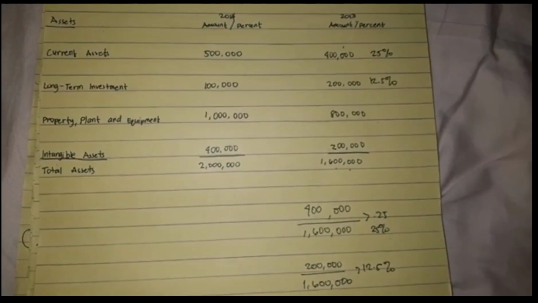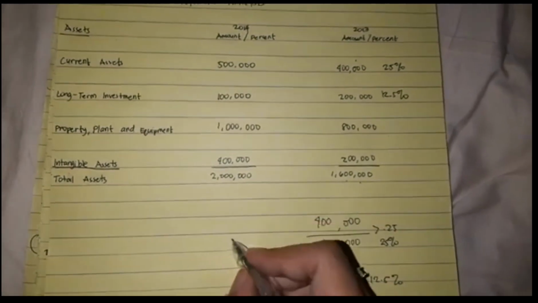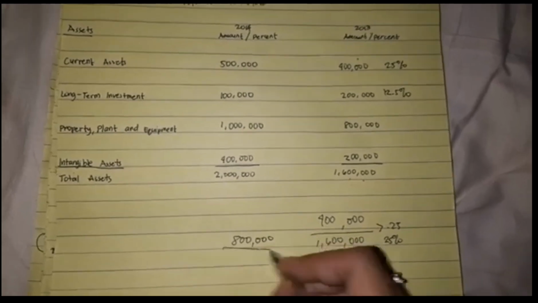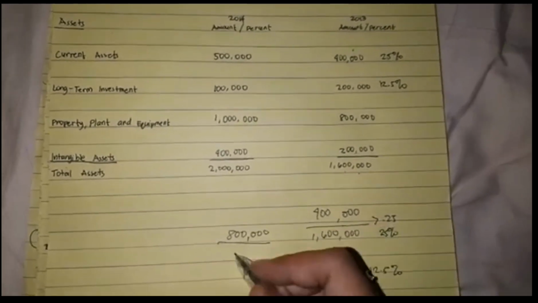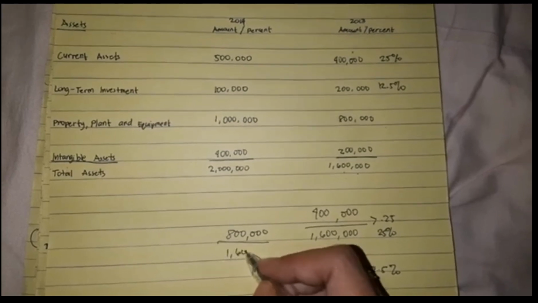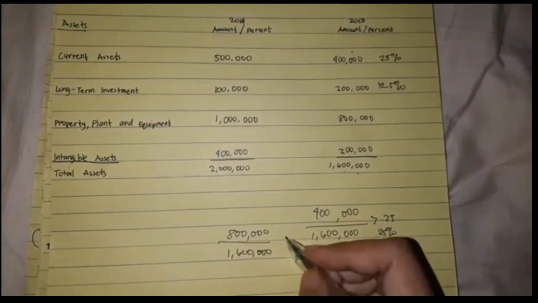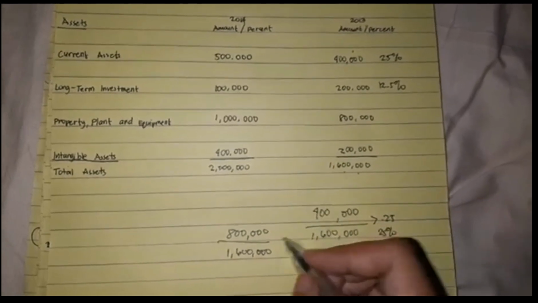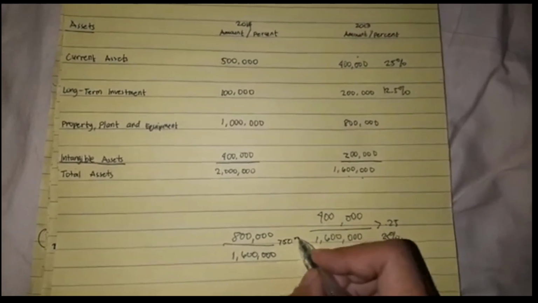And then 800,000 divided by 1.6 million, which will give me 50%.